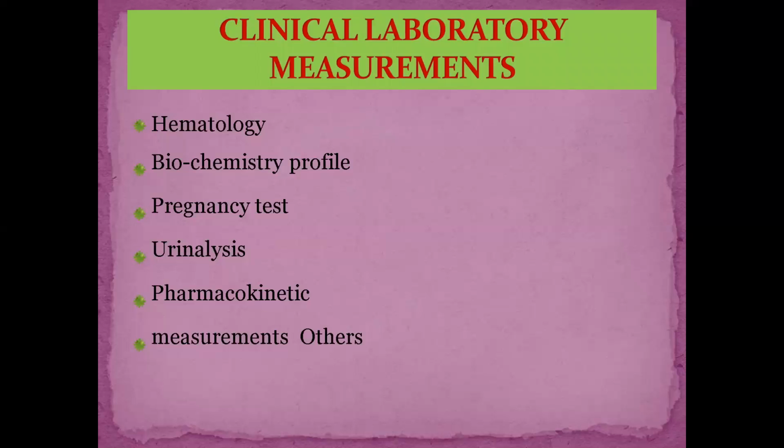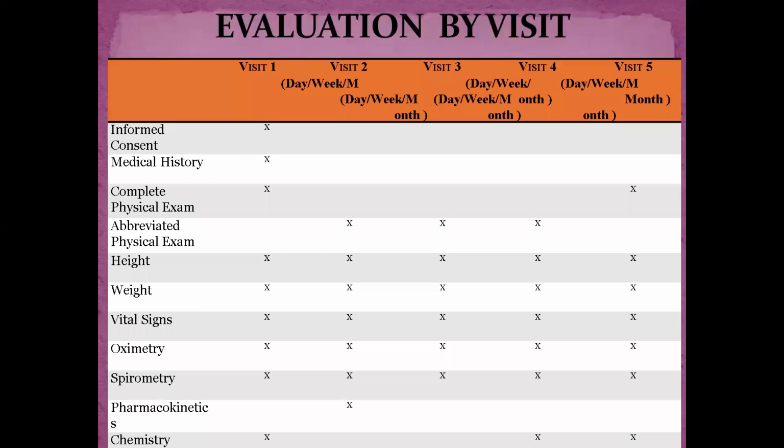So it's not that all studies should involve the same tests, but here we are given a few: lab investigations that will be done, like hematology, biochemistry, pregnancy test, urine analysis, pharmacokinetic, and any other measurements. If it is there, they usually do it. But again, it will be mentioned by the different test.